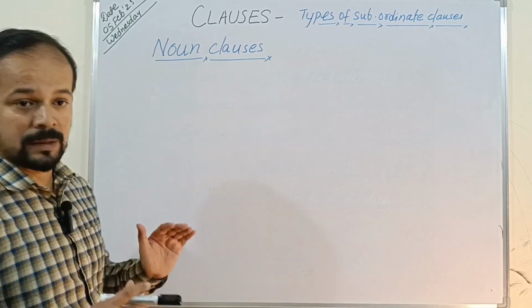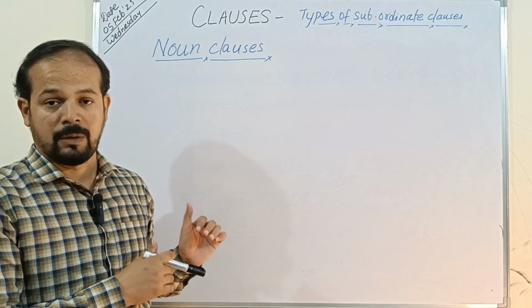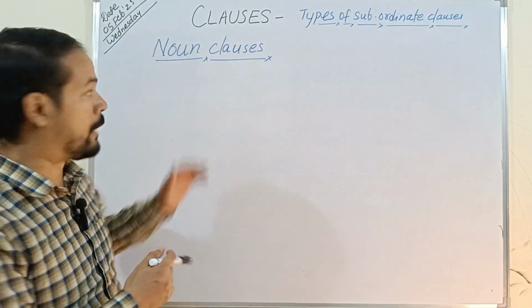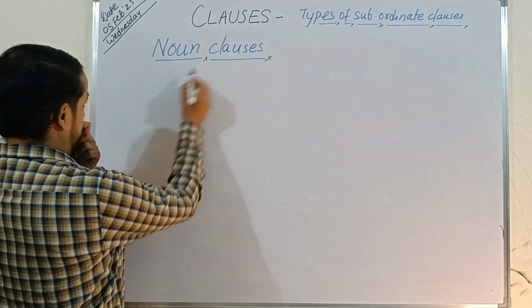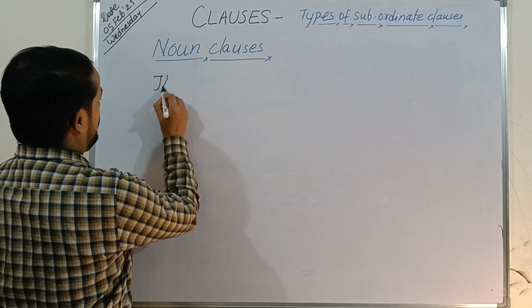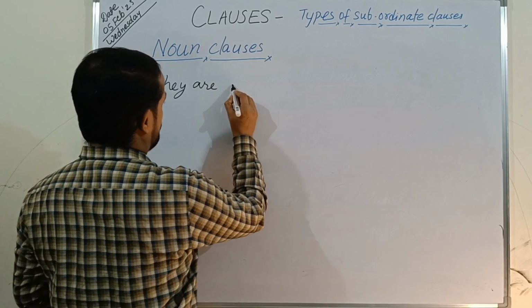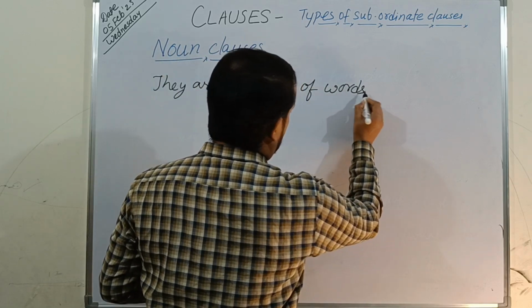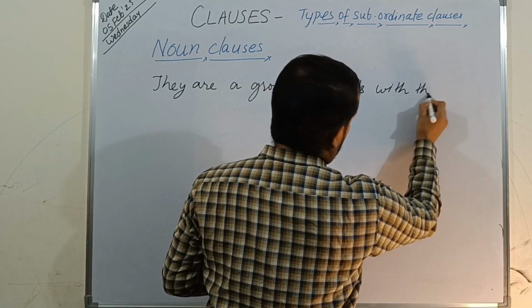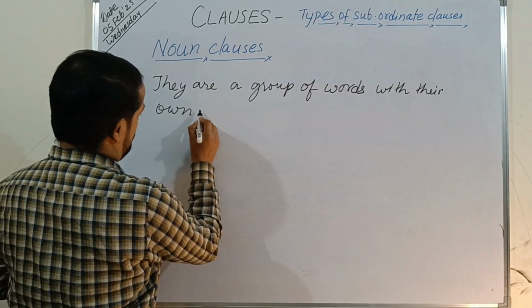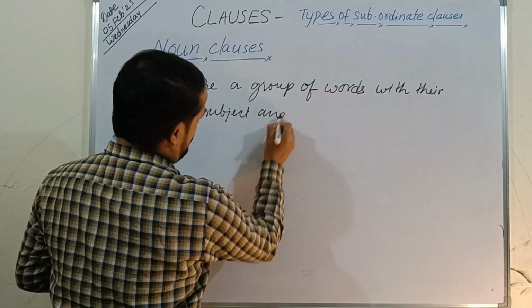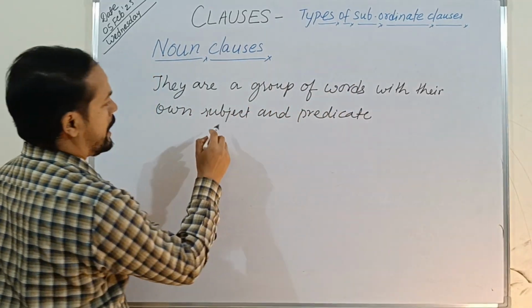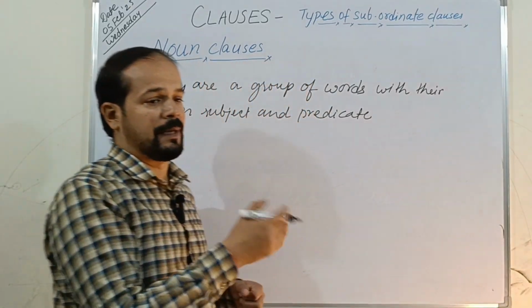So after having gone through all those examples in which the noun clauses have been used differently, we have to simply define what a noun clause is. So noun clauses are a group of words with their own subject and predicate, or we can also say they have a finite verb.